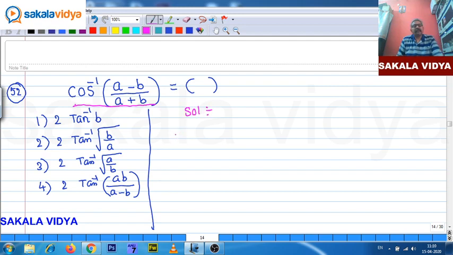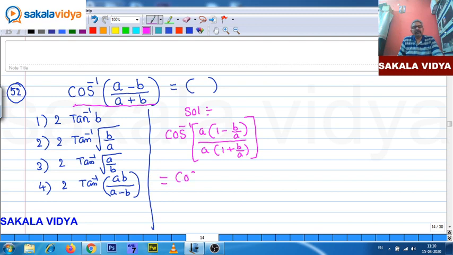Here, cos inverse of, from the numerator take a common, you get 1 minus b by a, and in the denominator take out a common, 1 plus b by a. A gets cancelled, we have cos inverse of (1 minus b by a) upon (1 plus b by a).